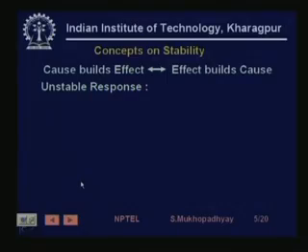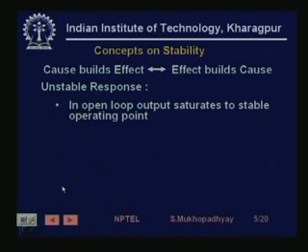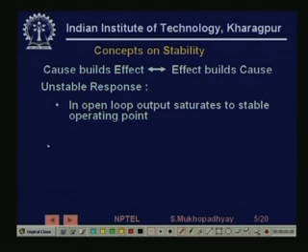So, what is the next point? What is an unstable response? I mean, how is it typically characterized? There are two typical demonstrations of an unstable response. For example, in open loop, if the plant is operated in open loop, then the output saturates to a stable operating point. What is a typical example? A typical example is the case of an induction motor torque speed curve.